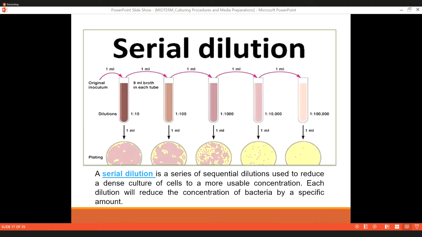After incubation, that's the time that we will identify the growth. In our first test tube, since it has the original inoculum, the microbial growth is quite different compared to the rest. Since it is the original, it has the most colony formation or microbial growth. It has higher, more massive microbial growth.